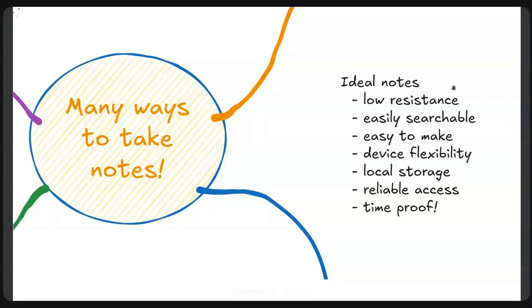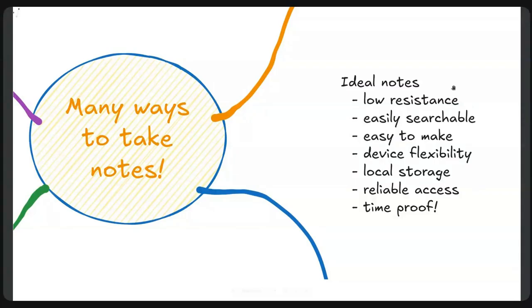The next is device flexibility. So what this actually means is how available your notes are at different points of time and space for you to go through them, right? If you have a really vast set of notes that you can only keep in your room, then its utility is quite limited, right?